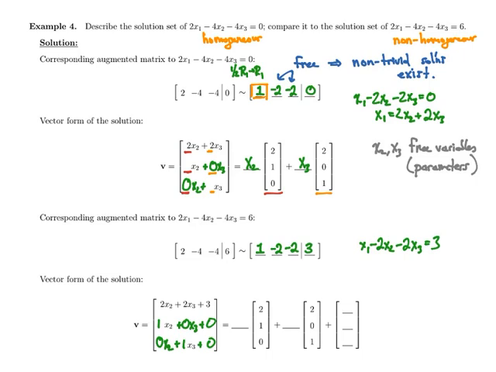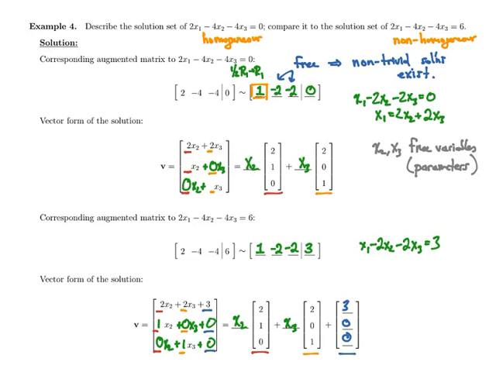So what we're saying there is, what's multiplied by x2 is 2, 1, 0, so we can write x2 times 2, 1, 0. What's multiplied by x3 is 2, 0, 1, just like the last example. And then we also have a particular solution, in this case 3, 0, 0, that represents the constants here.